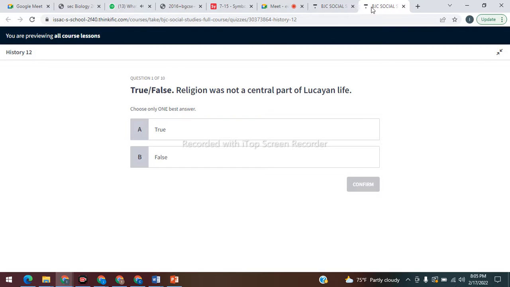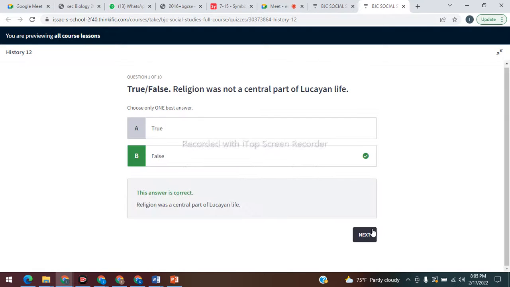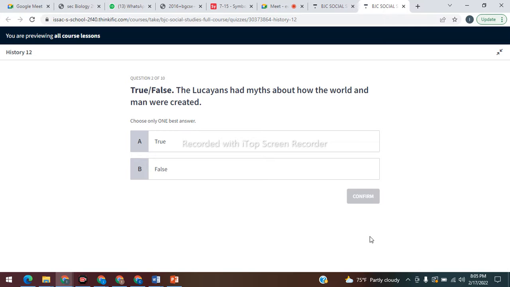True or false? Start off easy. Religion was not a central part of the Lucayan life. False. Alright, religion was definitely a central part of their life. True or false? The Lucayans had myths about how the world and man were created. True. Are we gonna lock in that answer? No, I'm thinking out loud.